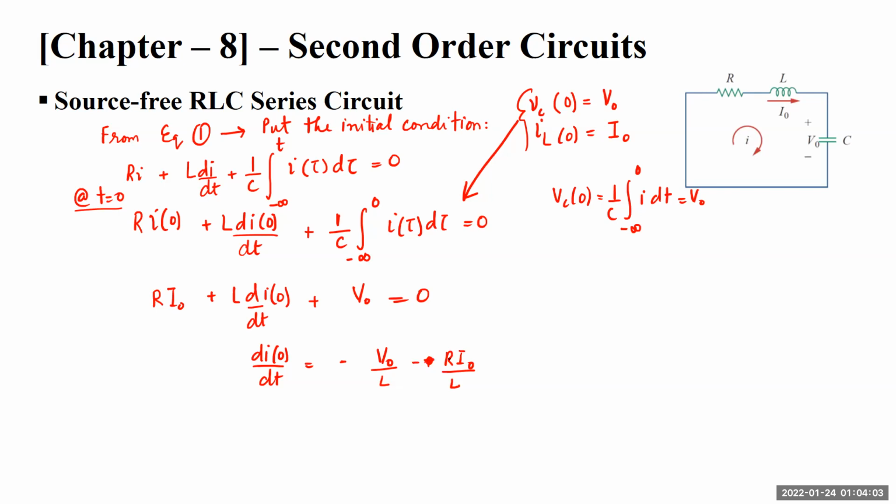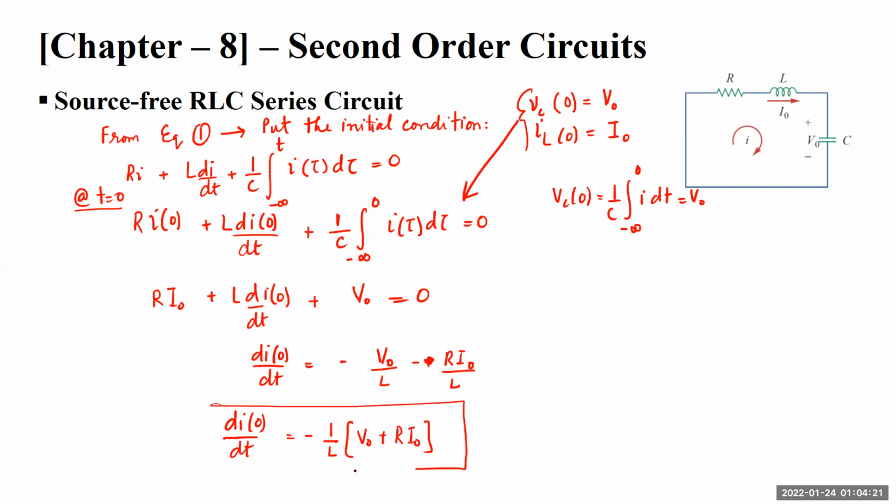Again, this comes with a minus sign. This is what we get, and if we simplify it again, it comes out to be L E naught plus R into I naught.